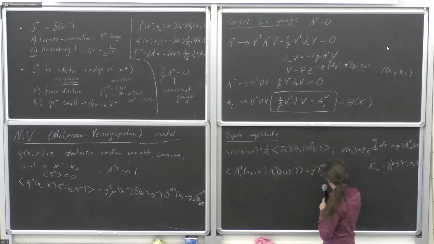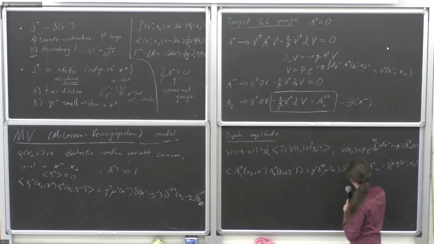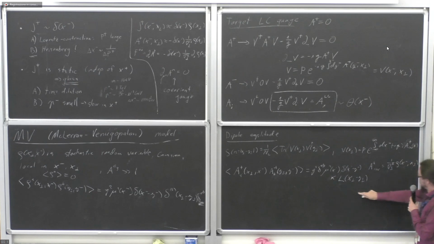So g squared delta AB, the same mu squared of x minus, and then a delta function in x minus minus y minus, times some function L of x perp minus y perp. This function L essentially encodes the physics of the inverse Laplacian.